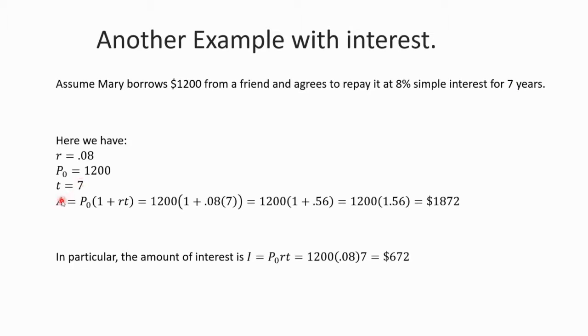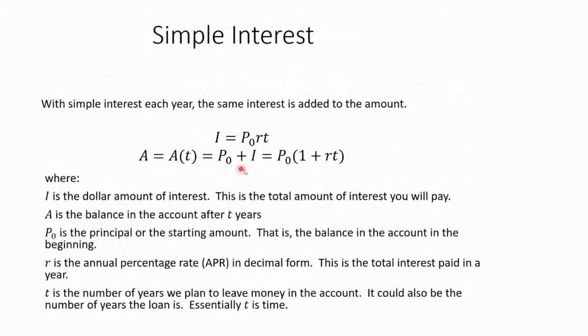So the total amount owed, the balance of the loan, right? The total amount T years later, or in this case, 7 years later, we're calculating A, this is the formula from the other slide, right?